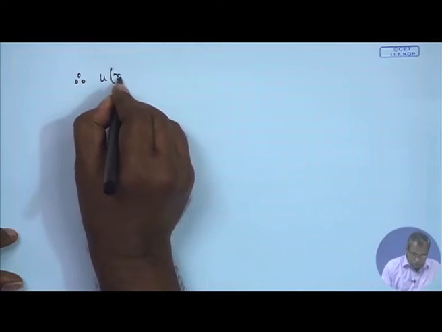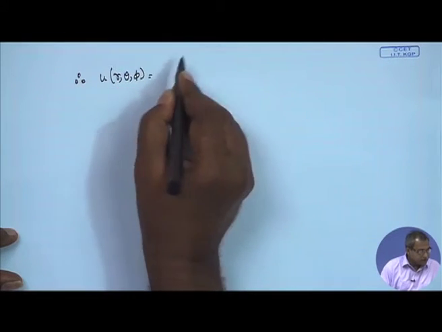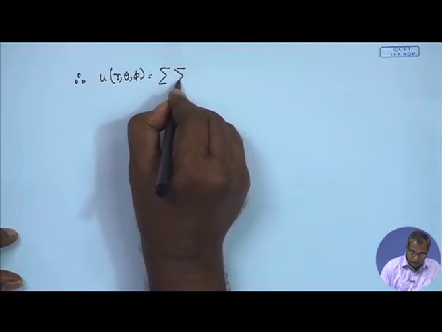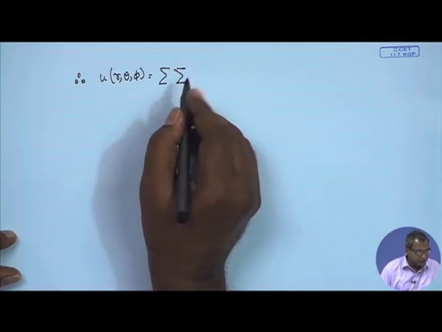The eigenfunctions are a m cosine m phi plus b m sin m phi, where m runs from 0 to infinity, and in the theta direction we had the Legendre polynomial as the eigenfunction, and the eigenvalues are n into n plus 1, where n runs from m up to infinity. So, the complete solution will be in the form of R theta phi is equal to, there will be two summations, because we are now dealing with two independent eigenvalue problems.